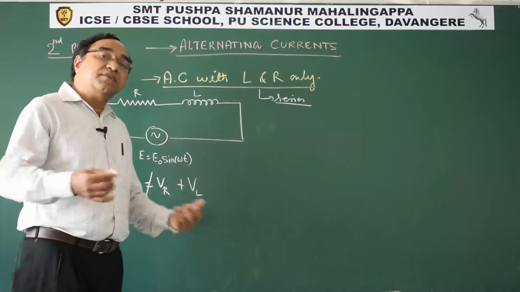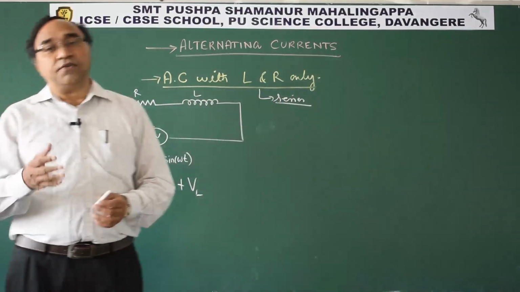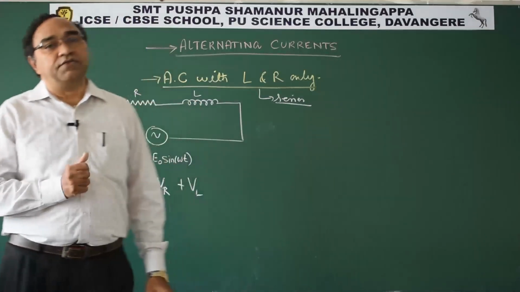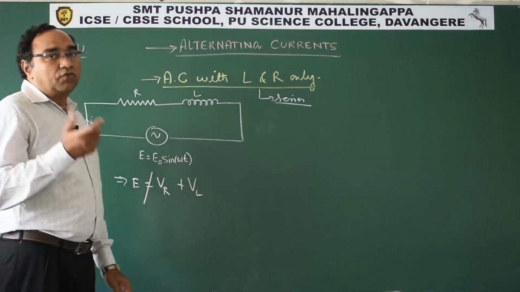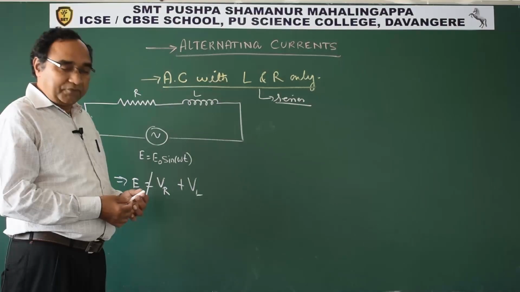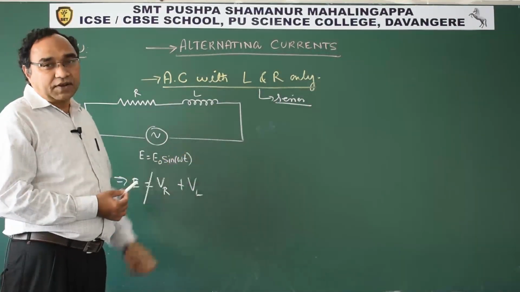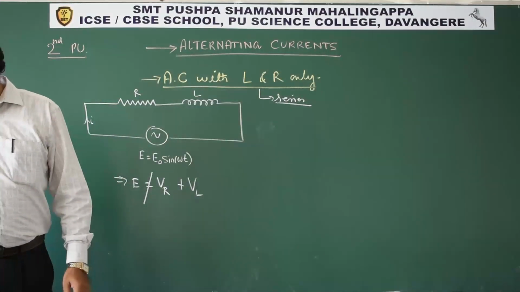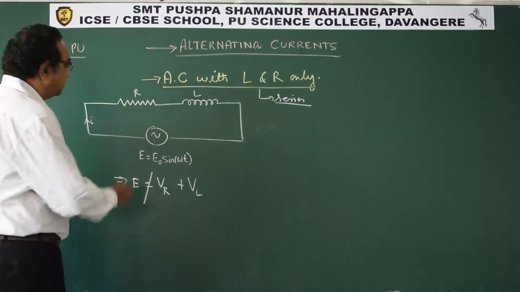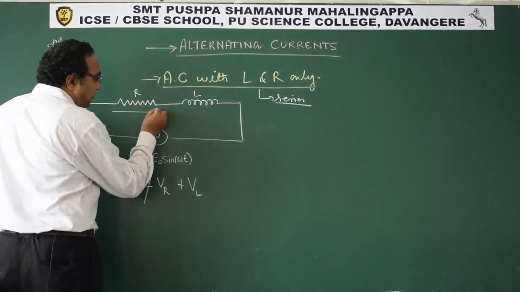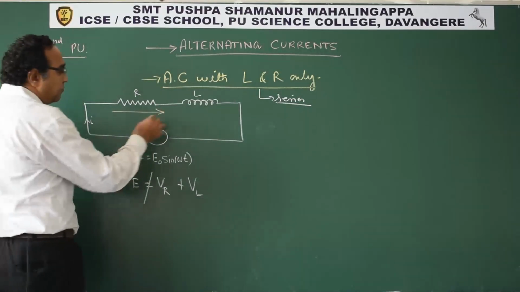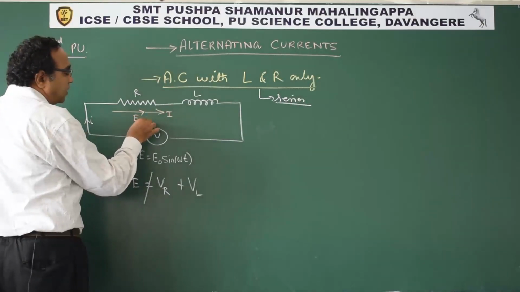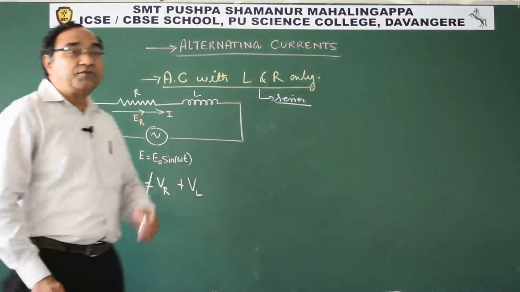Now you will say, why is there a difference? Very right. A DC source does not change with time. Frequency is 0. But an AC source fluctuates with time. So what happens? We have seen in the previous class that in case of R, in the phasor diagram, the current and potential drop across R, what is the phase difference? 0.